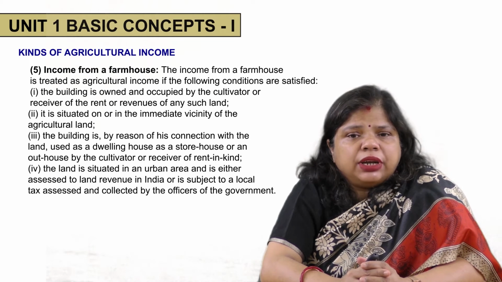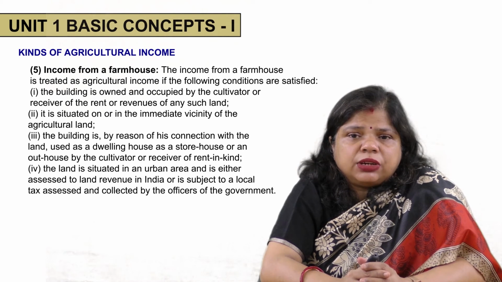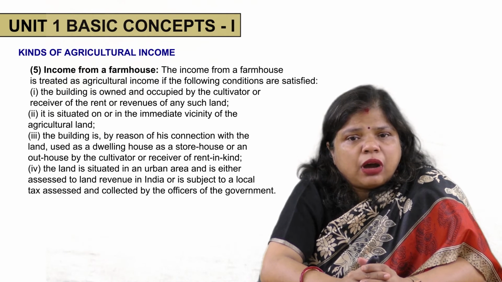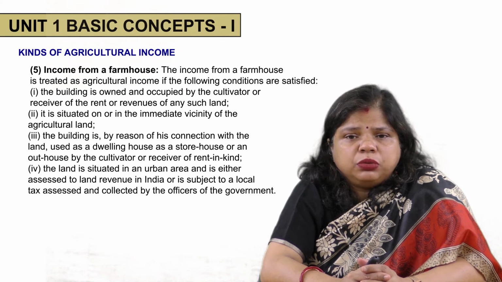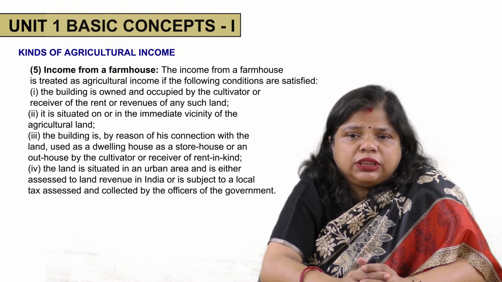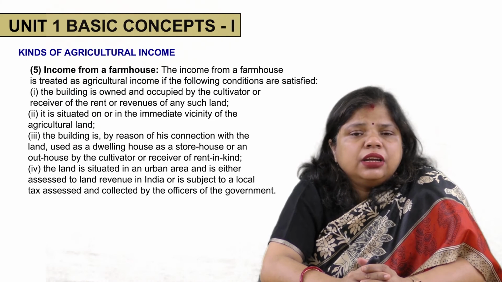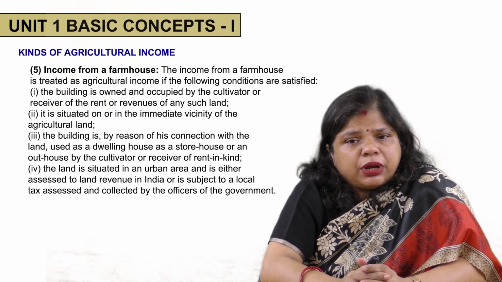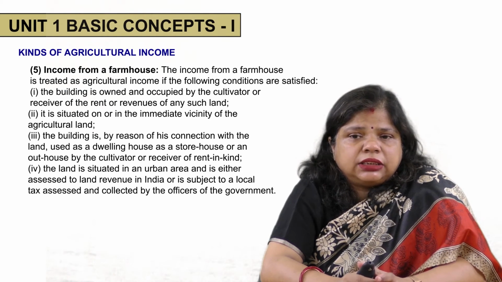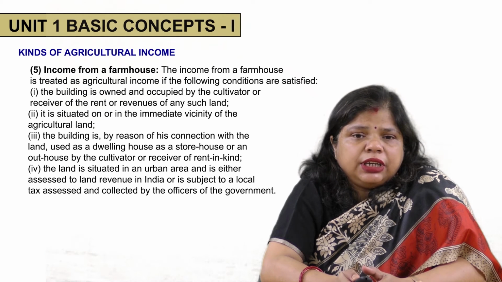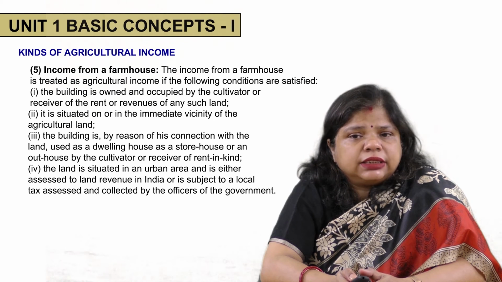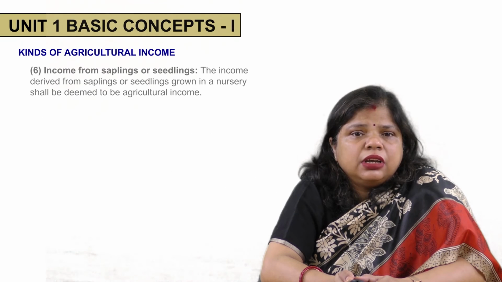The building is, by reason of his connection with the land, used as a dwelling house or a storehouse or any outhouse by the cultivator or receiver of rent in kind. The land is situated in an urban area and is either assessed to land revenue in India or subject to local tax assessed and collected by officers of the government.